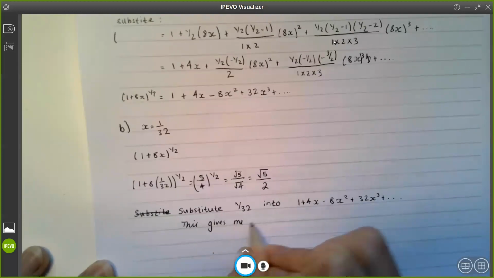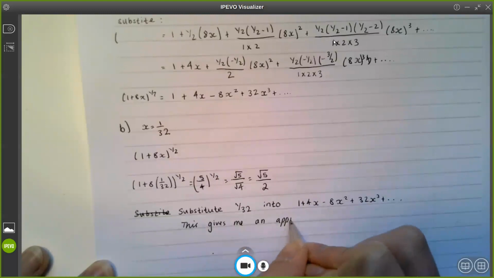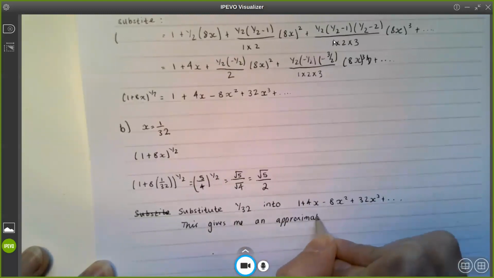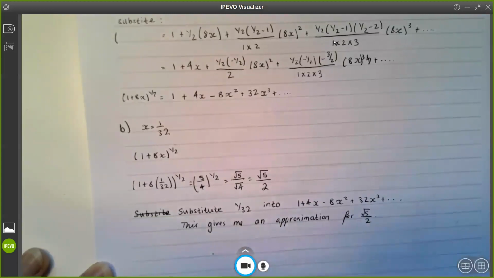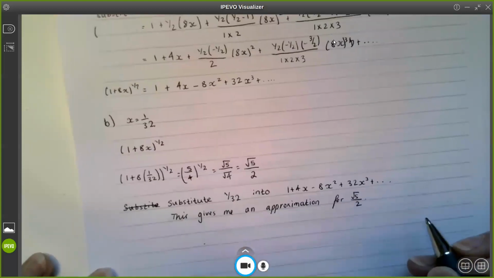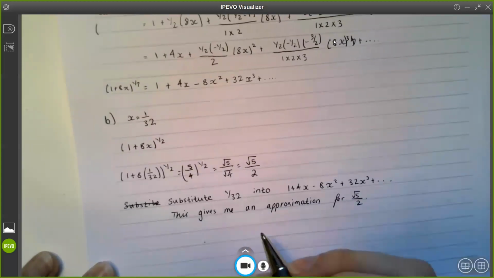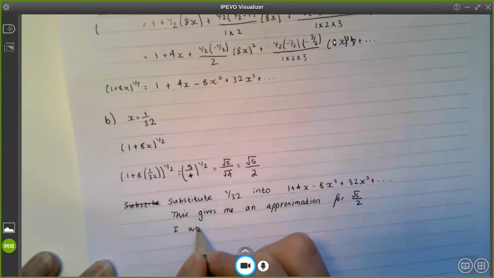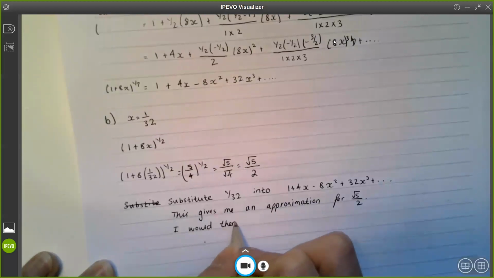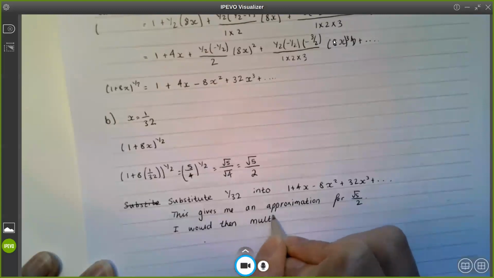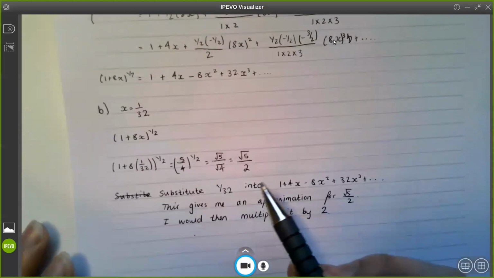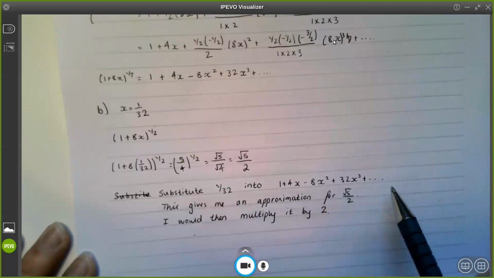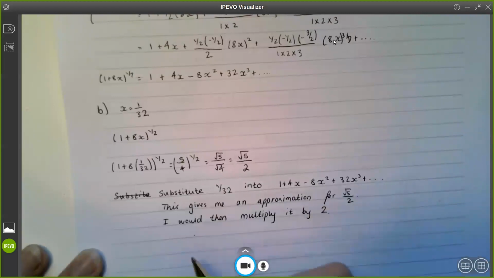Then to get an approximation for just root 5, all I need to do is multiply by 2. So what I did is I substituted 1 over 32 into the expansion, and then I multiplied it by 2. And that gives me an approximation for the square root of 5.